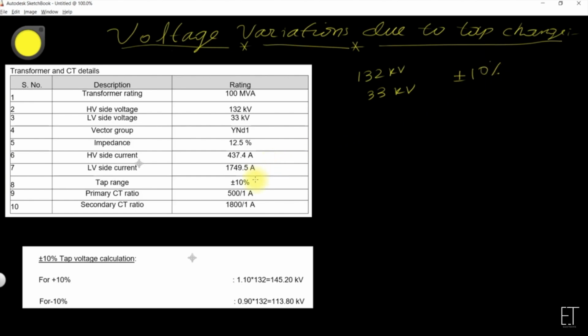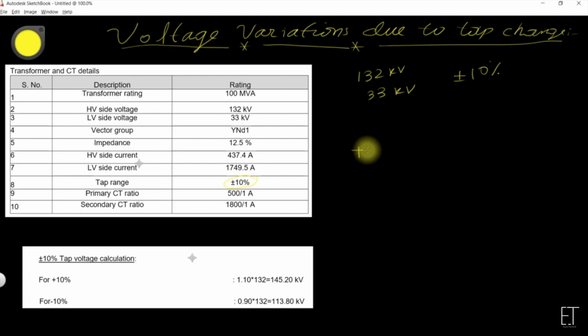You can see this mentioned here. This is in fact an on-load tap changer, where you can change the taps while the transformer is still on load.